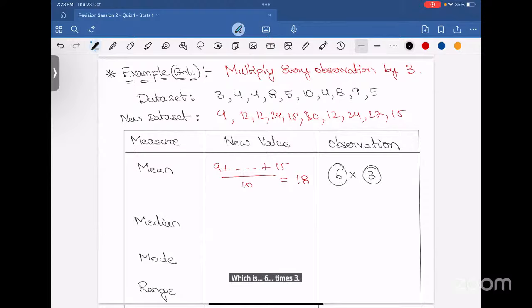So this is the old value and this is the value that is multiplied. So the new mean will get multiplied by 3.